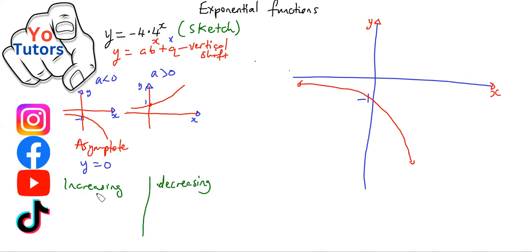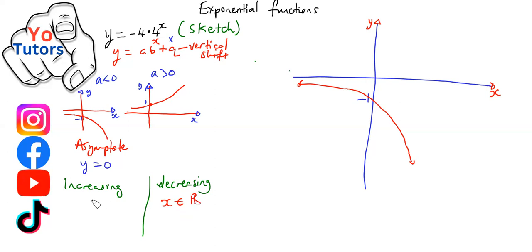Our graph can either increase or decrease. In this case, it's decreasing, for x an element of real numbers.